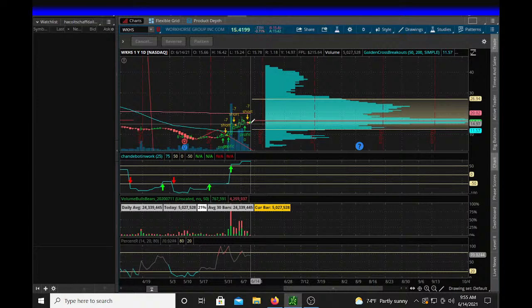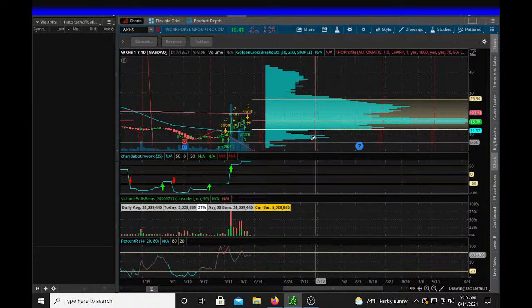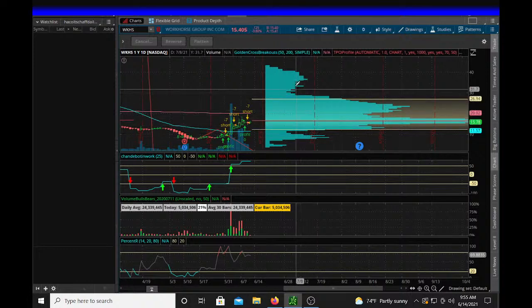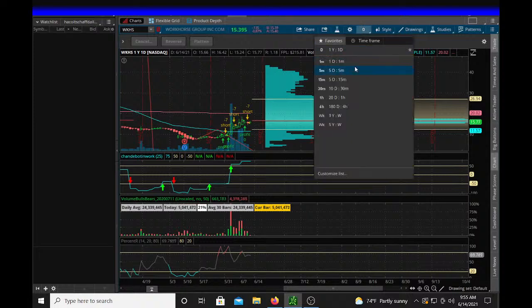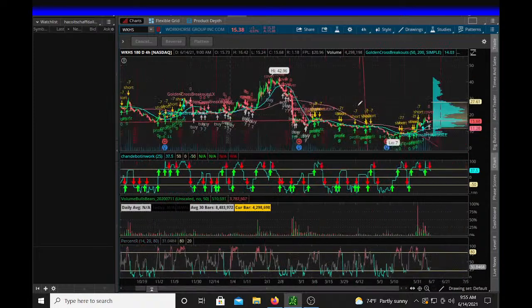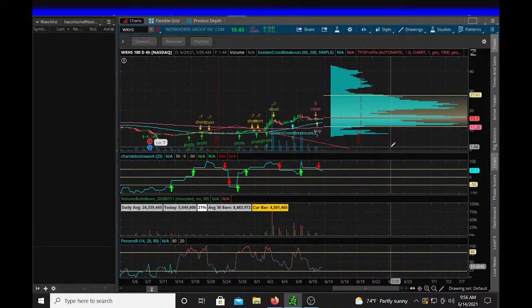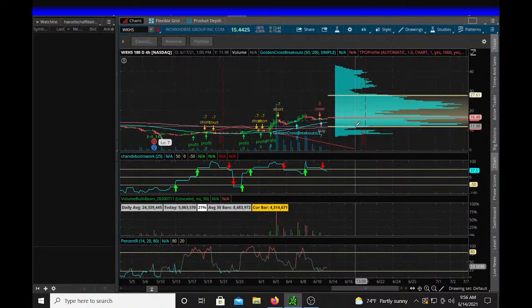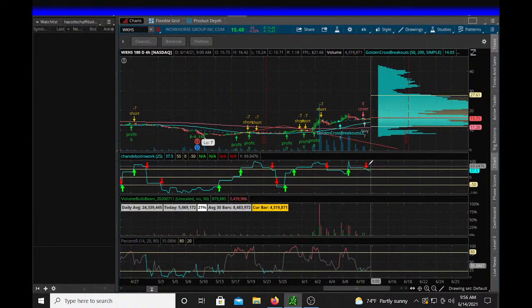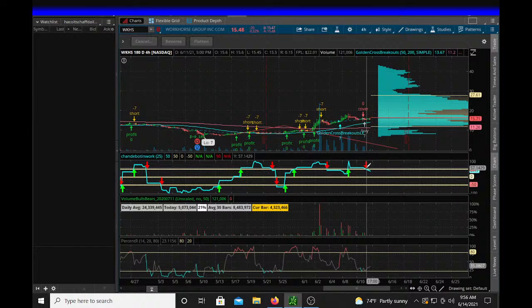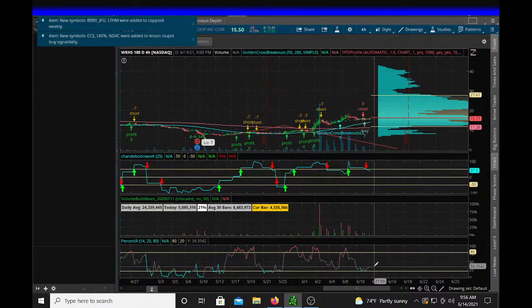I mean, it hits supports along the way, but it just doesn't look real great. Okay. It looks like the market maker has taken over. And see, we've got a downward signal here, but it looks like we're pointing up here.